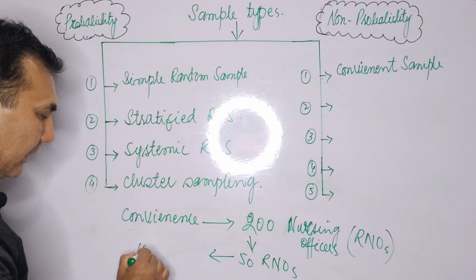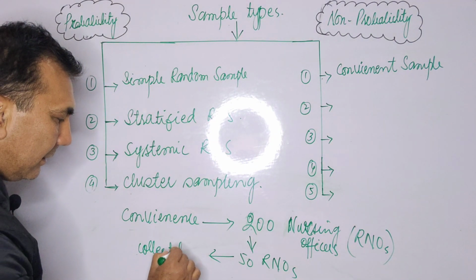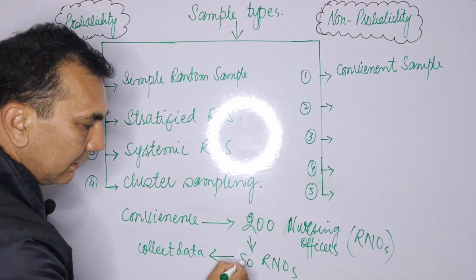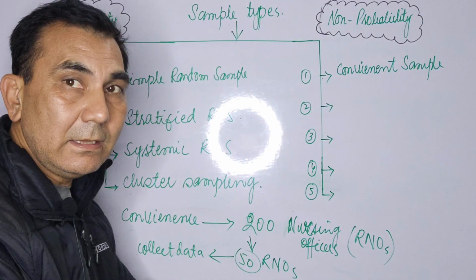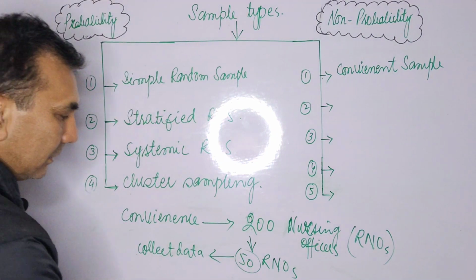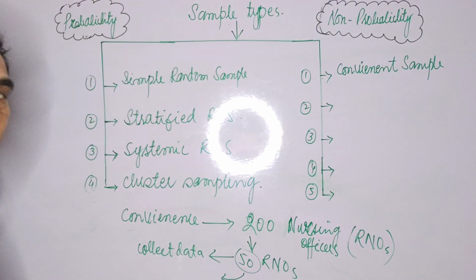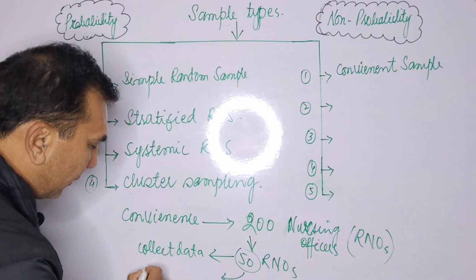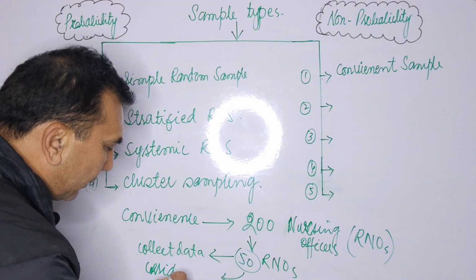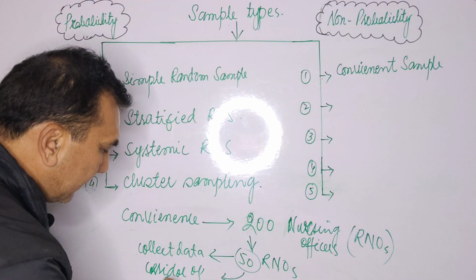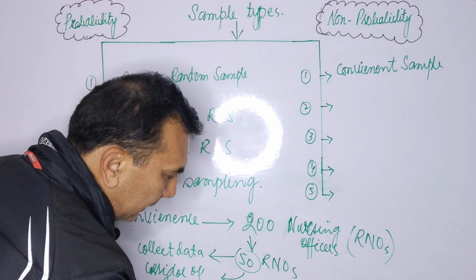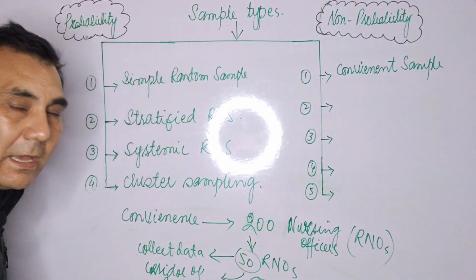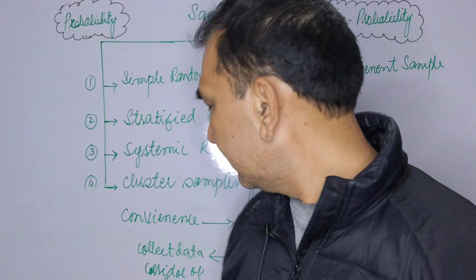He collects the data from the 50 RNOs he has met at the OPD. Now again he moves further. When he reaches the corridor of PIMS, again he meets 50 RNOs.